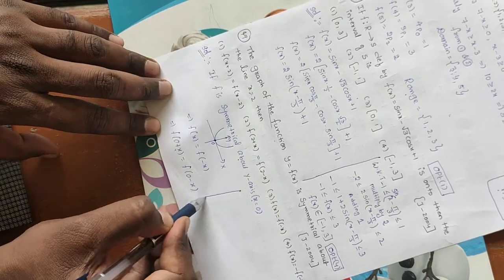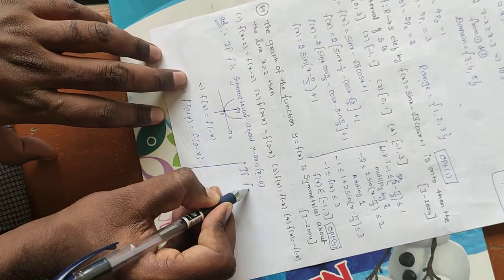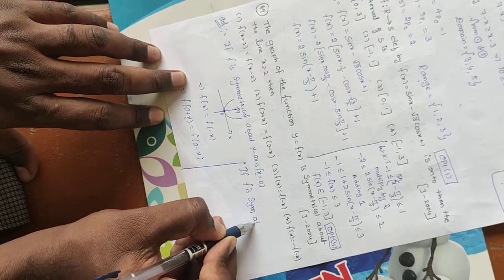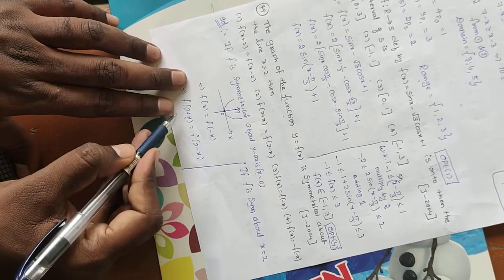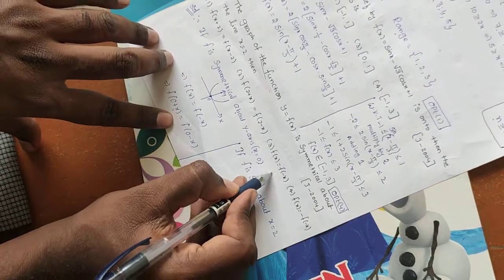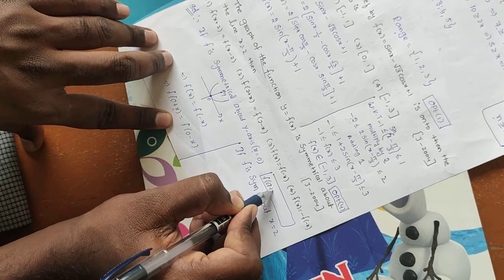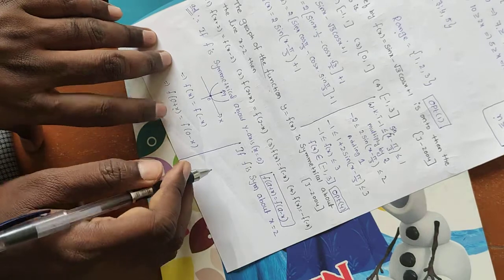That's why, if f is symmetrical about x is equal to 2, in place of 0 you can substitute 2. Why? Because the formula is f of a plus x is equal to f of a minus x.